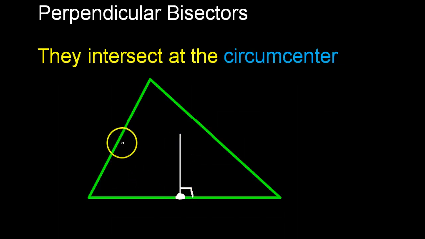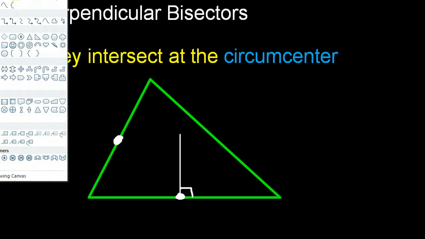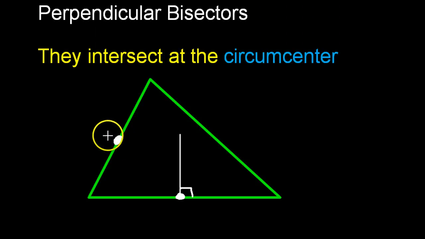Now if I do that on another side of the triangle, so over here, now granted I'm not using a ruler or anything, I'm just eyeballing it, but this seems to be about the center of the midpoint of this side. So again, I'm going to make another perpendicular line. Okay, so by putting it at the midpoint, it's going to be a bisector. Now I'm going to try my very best to make it perpendicular as well. I think I'm doing a pretty good job. It's hard to know for sure.